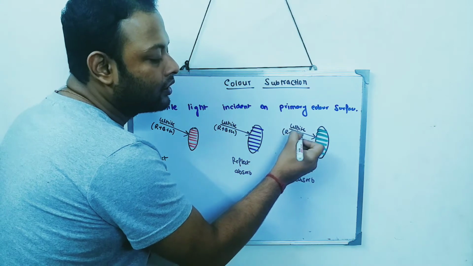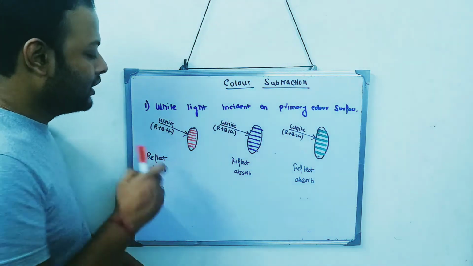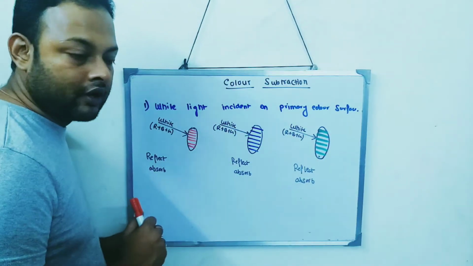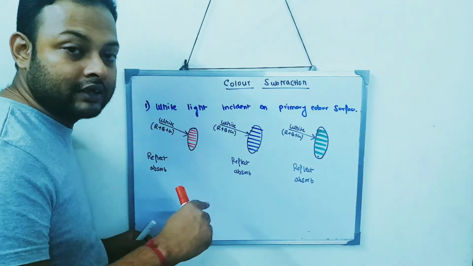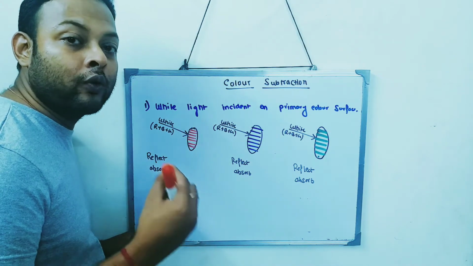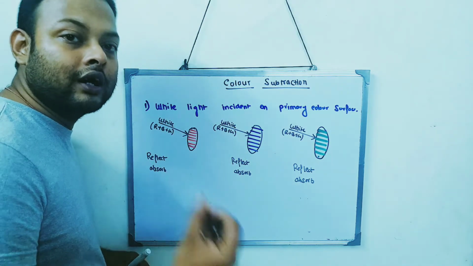Red, blue and green. So white light is a combination of red, blue and green. Now, in the first part, red, blue and green are coming towards the red surface. As I said previously, a primary color surface will only reflect that particular color.